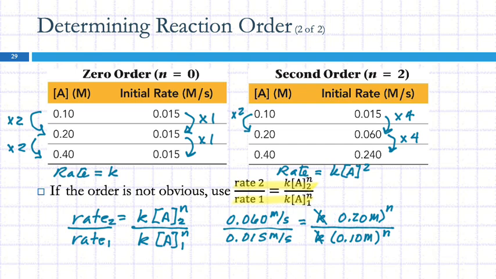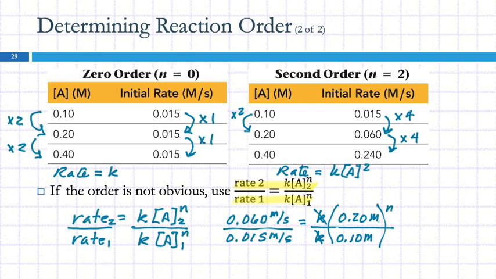So we can say, well, that's going to be the same as this fraction raised to the n power. And that's a little exponent voodoo. So let's figure out what these fractions are now.